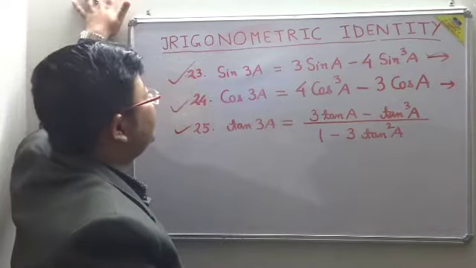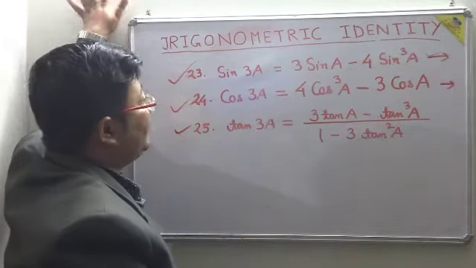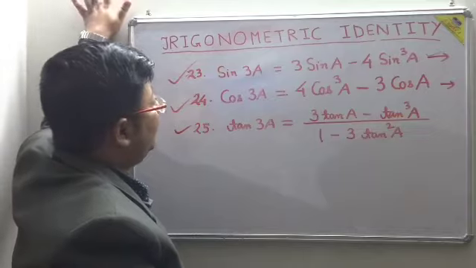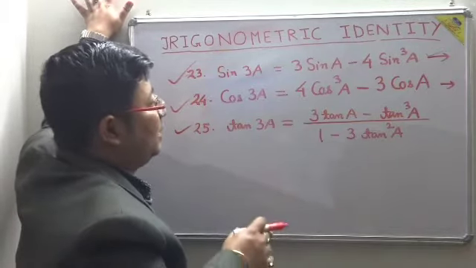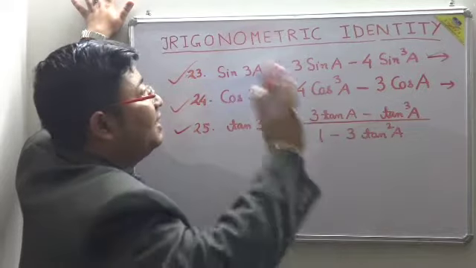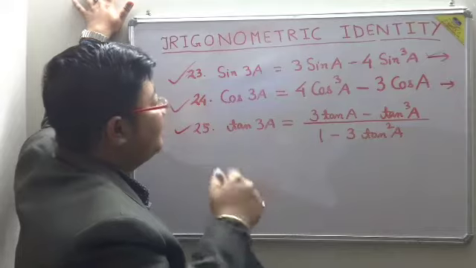Just go through these trigonometric identities once before doing any problem, otherwise you will find it very difficult. Just remember all those formulas. And how to remember them? Just make a table and paste it near your bed and near your dining table, and go through it once daily. You will remember it very easily.